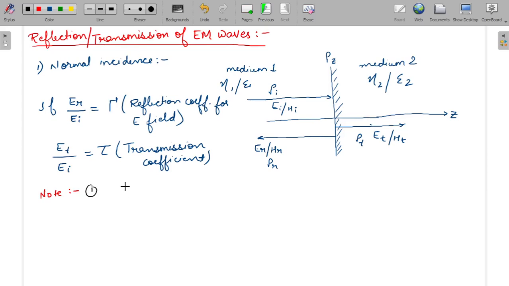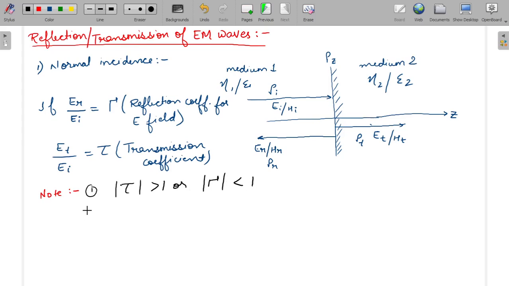The first note point, that is the magnitude of tau is always greater than 1, or no, sorry, this tau is less than 1. Sorry again, see, this small tau is always greater than 1, or this tau is less than 1.